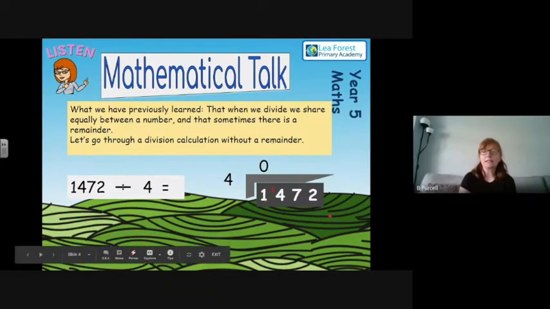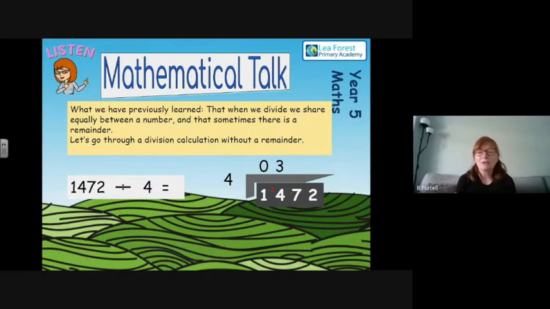So 3 goes here above the 4. Now I've used these numbers, so I'm going over to here. 7. Oh, can I do that? No, I've got the remainder, haven't I? So 4, 8, 12. My remainder, the difference between 14 and 12, is 2.